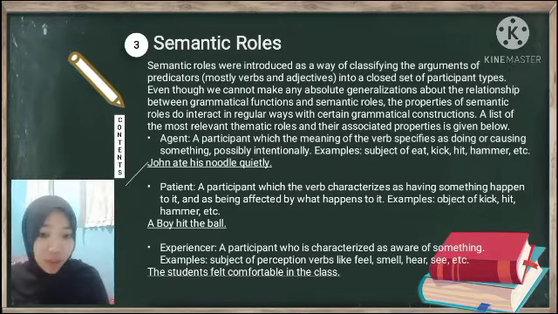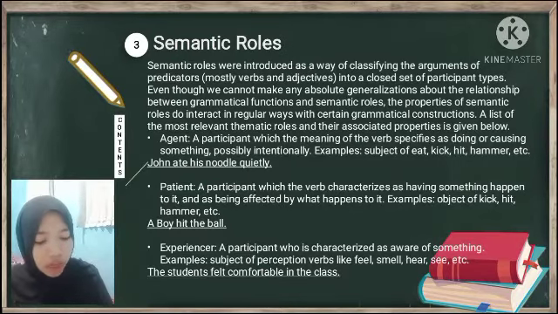What are semantic roles? Semantic roles were introduced as a way of classifying the arguments of predicators, mostly verbs and adjectives, into a closed set of participant types.